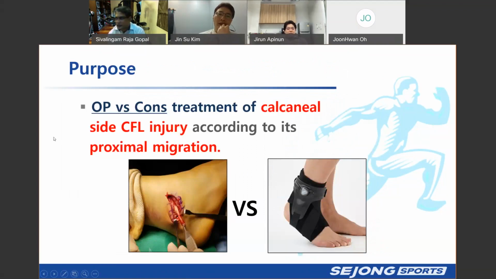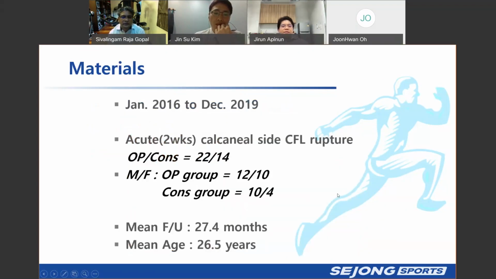We previously reported on conservative treatment. This time, we reported operation versus conservative treatment of calcaneal-side CFL rupture: 22 versus 14 patients, followed for 27 months.